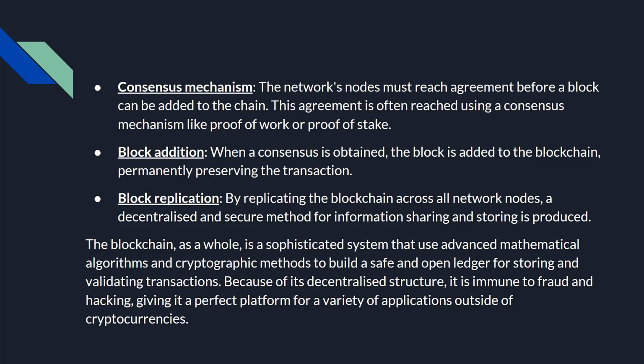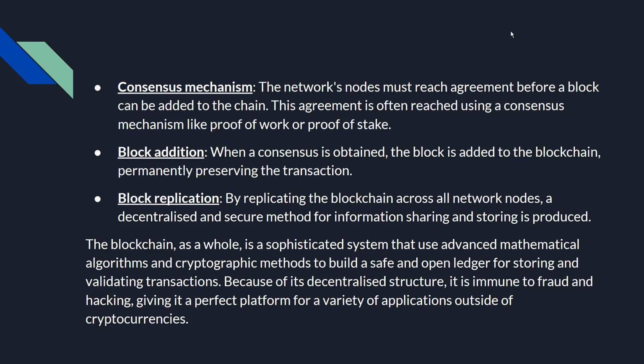Now, after the block is added to the chain, the transaction is verified once again, and then the nodes of the network copy and replicate this information from the ledger. And as a result, the whole thing is decentralized. No single authority has power over it.